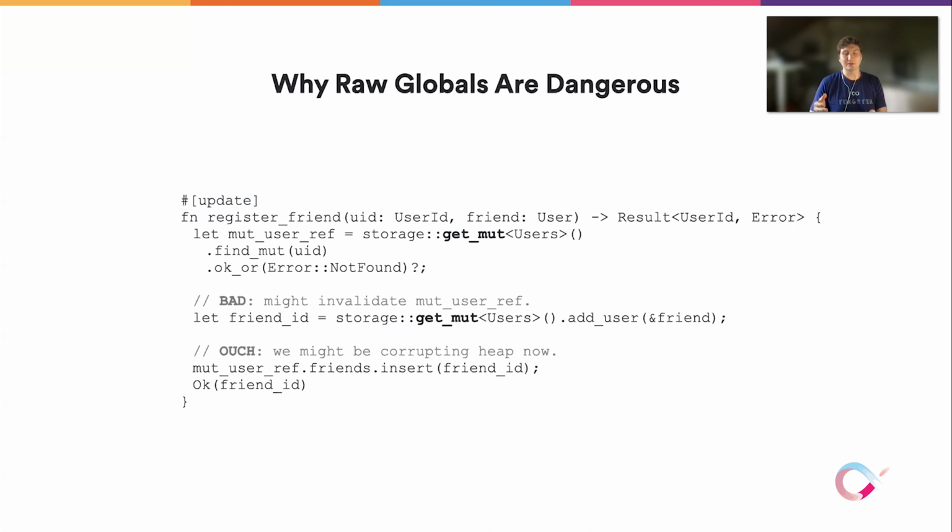I use storage here, but if you use the static mut pattern, it's effectively the same. So we get a mutable reference to our user. Then we add another user, getting another mutable reference to users, and add the new user.